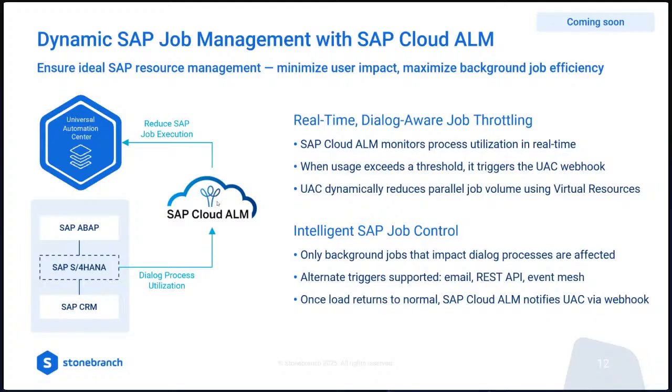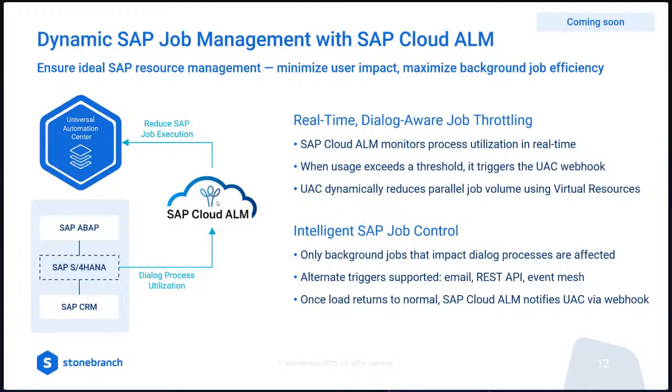We can also select the jobs which we want to reduce, because there might be some jobs which we give a very high priority, which we never want to throttle down, so that you can configure in our system. Like this, you can dynamically control how the SAP jobs are scheduled, and you don't need to always say, for example, 50 in parallel and that's it. You choose the number of parallel jobs based on the load on the SAP worker processes and dialog processes.